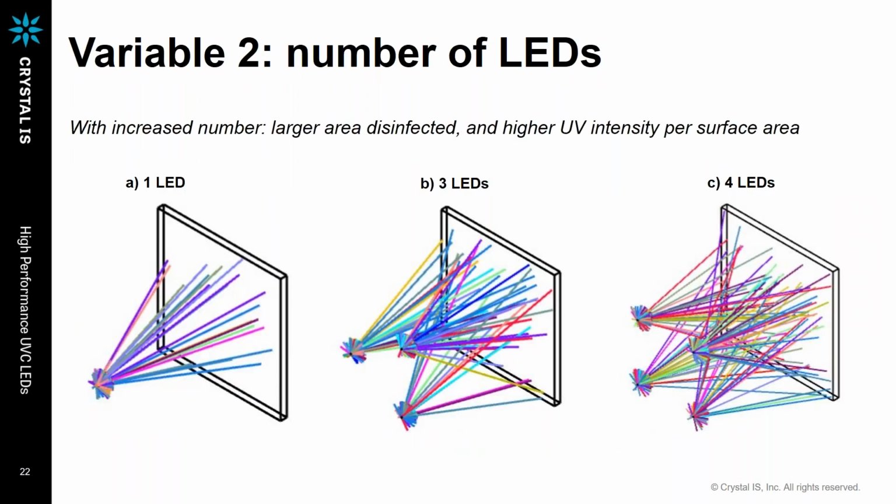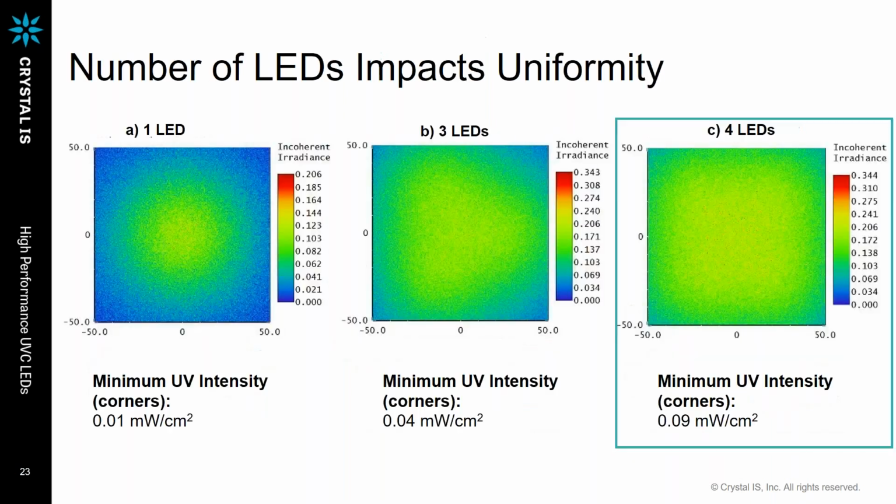The other thing we want to look at is keeping the surface constant but changing the number of LEDs. We have looked at a 1, 3, and 4 LED system.